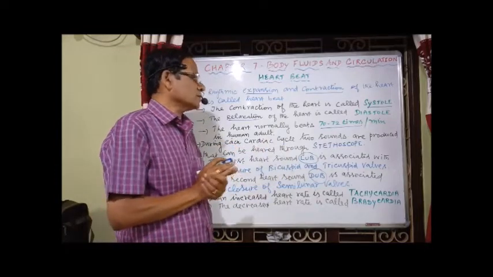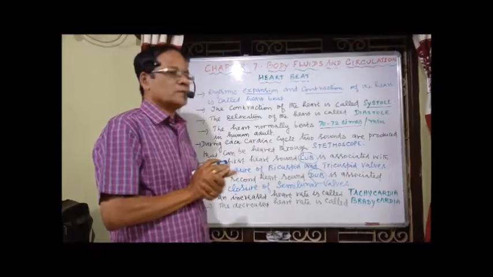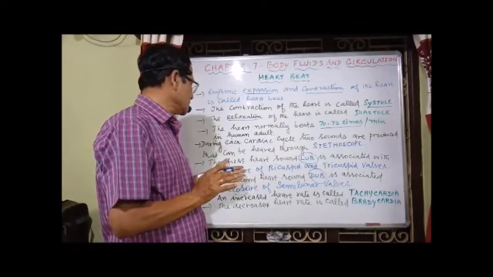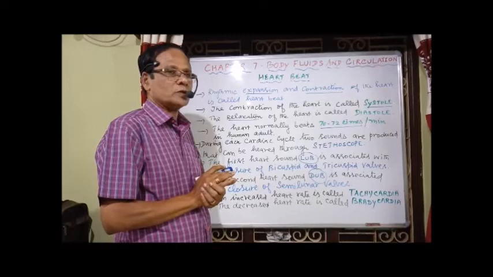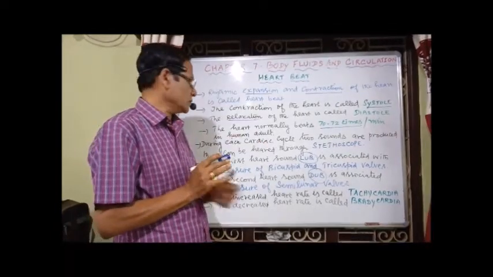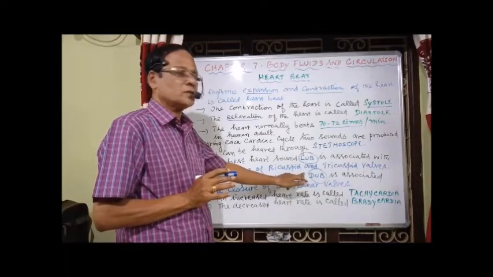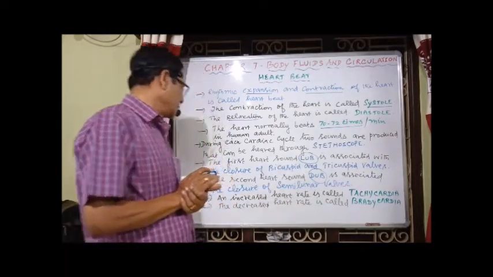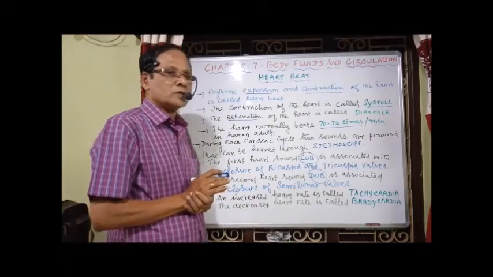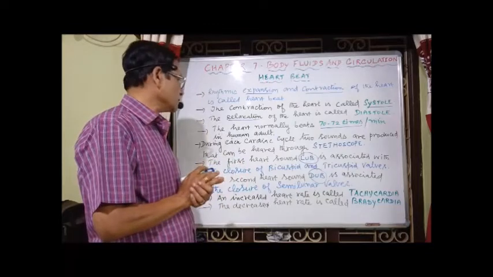And when is the lub caused? Normally, the lub is caused by the closure of the bicuspid and tricuspid valves. These valves are closed during ventricular systole. So during ventricular systole, lub is caused, and during ventricular diastole, dub is caused. Anyway, the closure of the semilunar valves and the tricuspid and bicuspid valves is responsible for the production of the heart sounds.